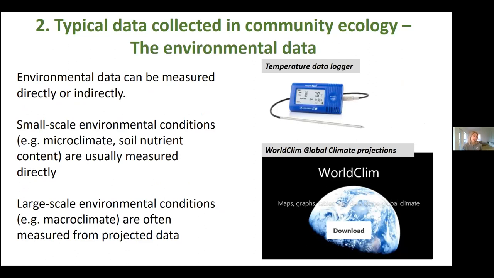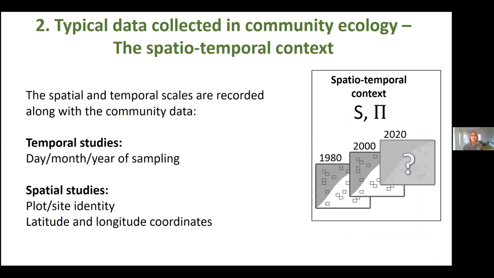And here again, especially if we are using existing databases, it's important to think about what kind of errors or biases this data may have and how that might influence the results that you are getting from your data.